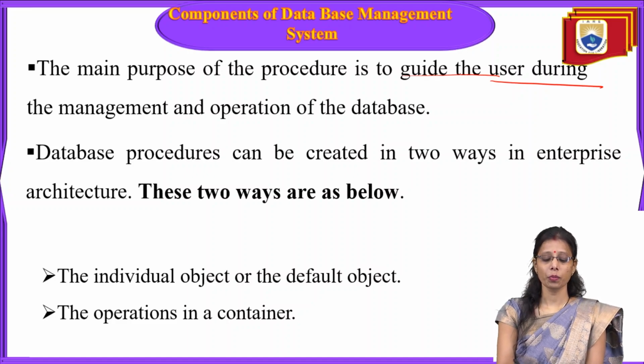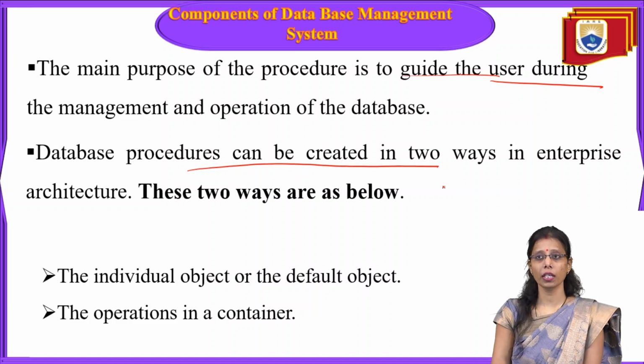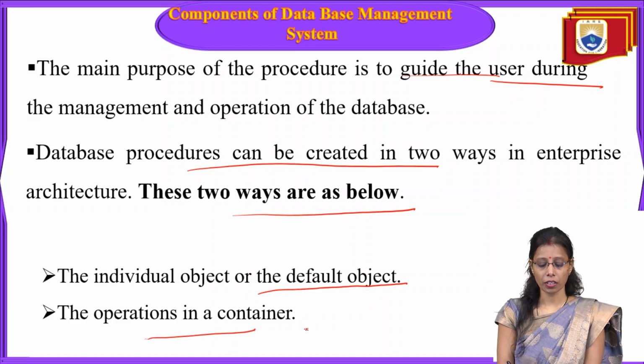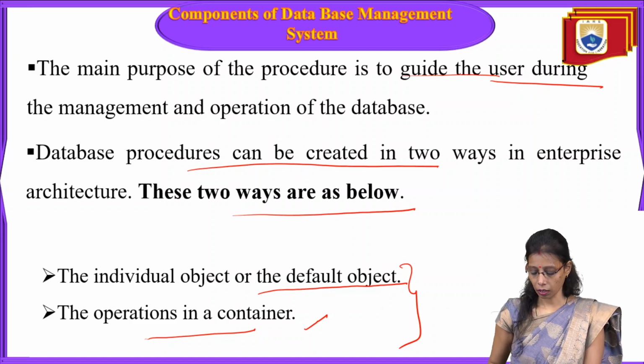Database procedures can be created in two ways in enterprise architecture. One is the individual object or default object, and the second one is the operations in the container. These are the two ways in which procedures are produced in the database.